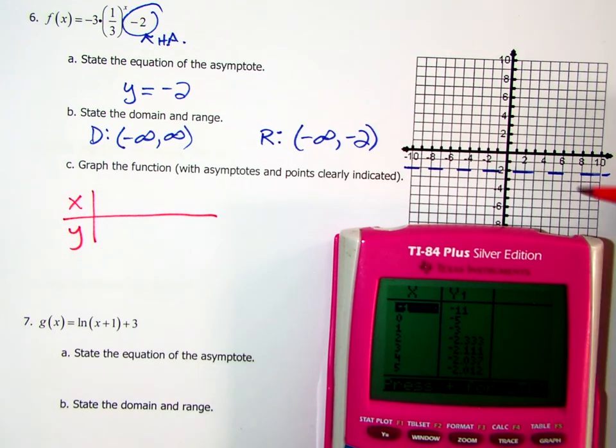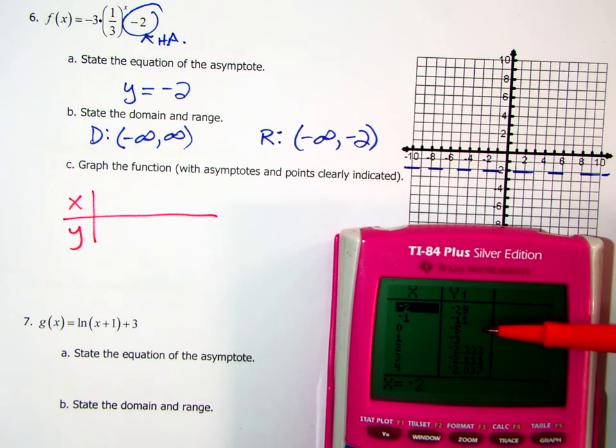And so we want to be approaching -2. So right here I can see that I'm getting into that -2 section. So I won't use -1, -11 because it won't show up on the graph.